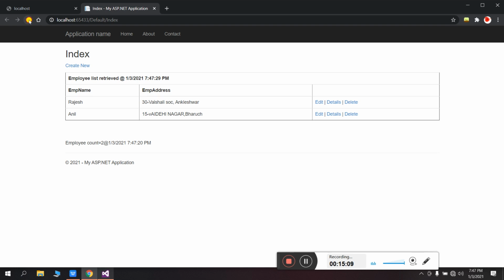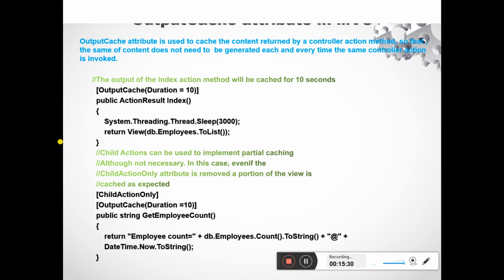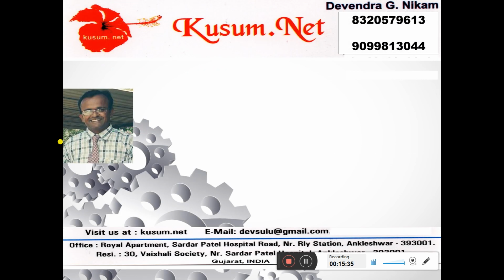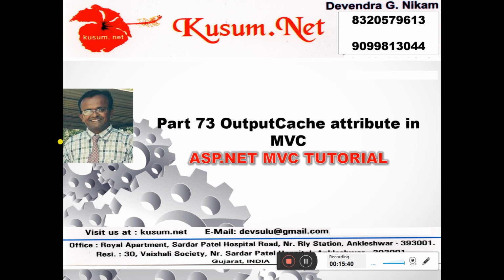You can see this is 29 and this 20, only this portion changed, which means the Index method is fetching the records fresh every time. So 29 and 43, you can check the difference here. The other portion caches the data for 10 seconds. So this is the end of my video.